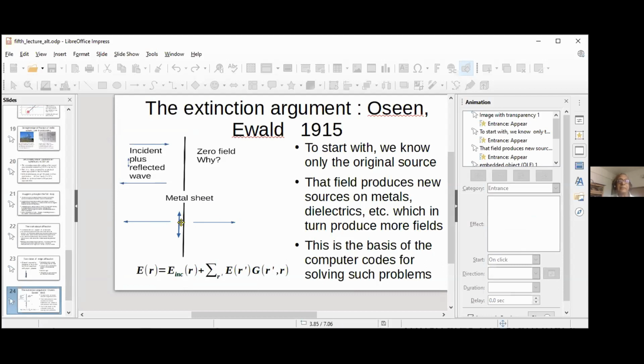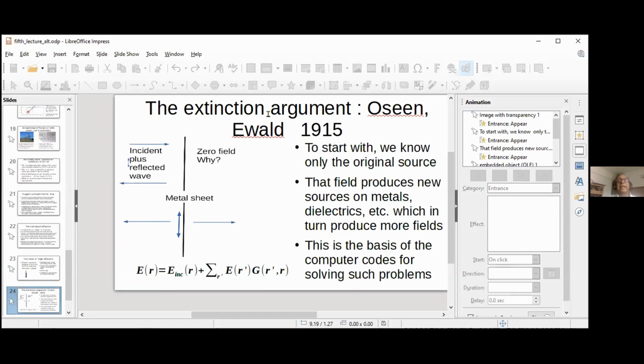It will, right? So these currents actually go in both directions. In addition, the incident wave also goes to the region behind the sheet, but the two cancel. They cancel, and that's why you get zero electric field here. And a reflected wave here.